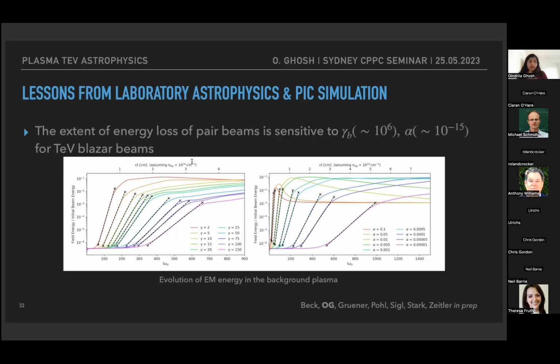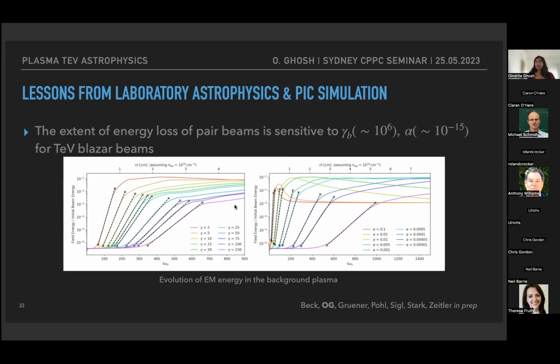In particular, for TeV blazar beams, we could see that this linear phase characterized by black dashed lines, as you go up in gamma, and as you go down in alpha, you start seeing a more prolonged linear phase, meaning that the instability growth will continue for a longer period of time if we are to extrapolate this to the astrophysical case, where the gamma factors are of the order 10^6 or so, before it reaches saturation.